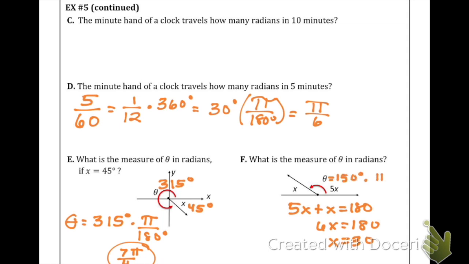Converting it, so pi over 180, 150 divided by 180 is 5/6 of a pi. All right, because remember pi is half of a circle, so 150 degrees would be 5/6 of a pi. Okay, here ends part A.